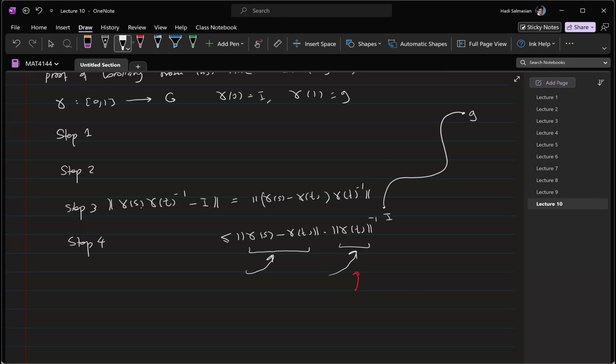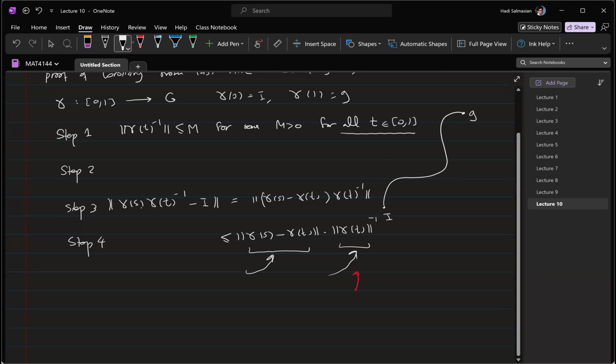So this means that the norm of gamma T inverse is less than or equal to M for some positive M for all T in 0, 1. Okay, the existence of the M is guaranteed by the fact that the interval is compact. Okay, and the second thing is that this quantity, gamma S minus gamma T, gets small when S and T become sufficiently close.